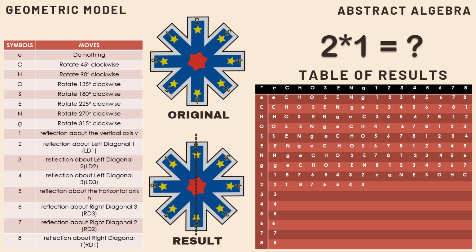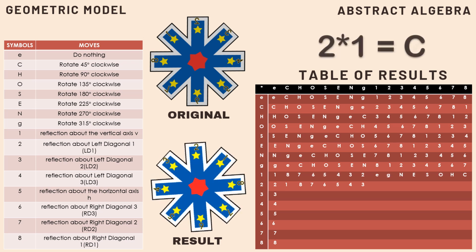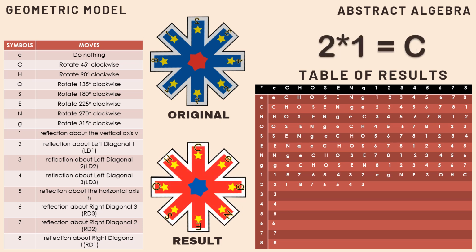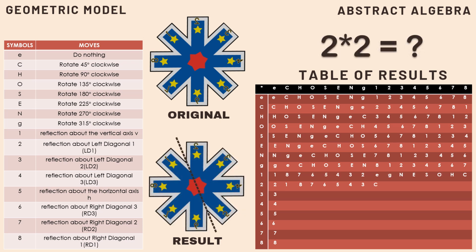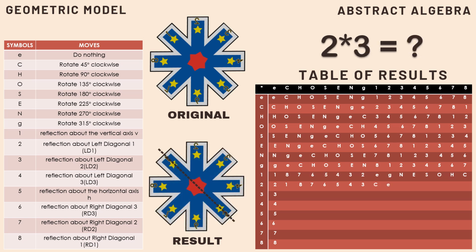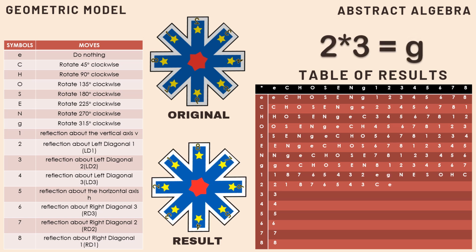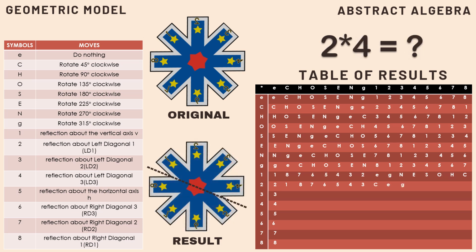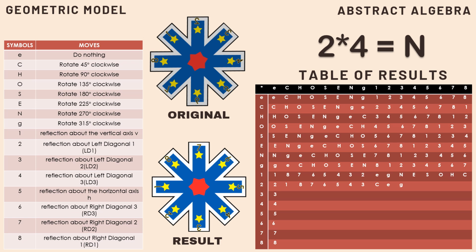Next we have the reflections. 2 star 1 is C. 2 star 2 is small letter E. 2 star 3 is G. 2 star 4 is N.